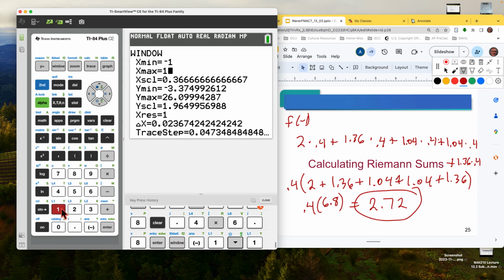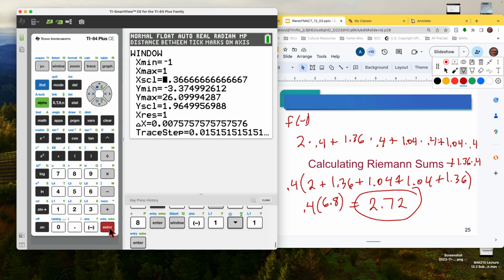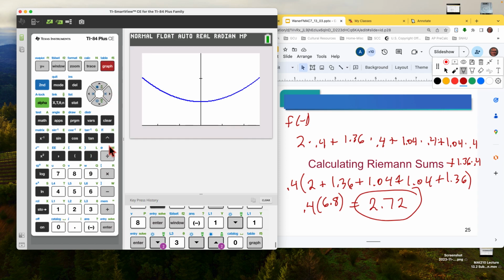I'm going to look at the graph going from -1 to 1. We don't have to go too high, so maybe just 3. What we just did is we've gotten an estimate for the area under this curve.